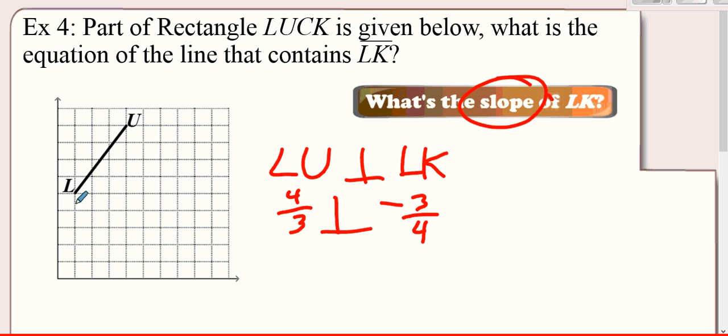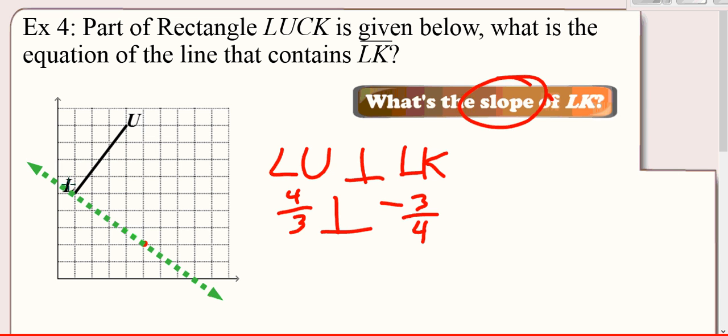Negative 3/4 means it's going to go down 1, 2, 3 over 1, 2, 3, 4. So our line that we're talking about, LK, is going to look kind of like that line right there. The green dashed line I just drew.